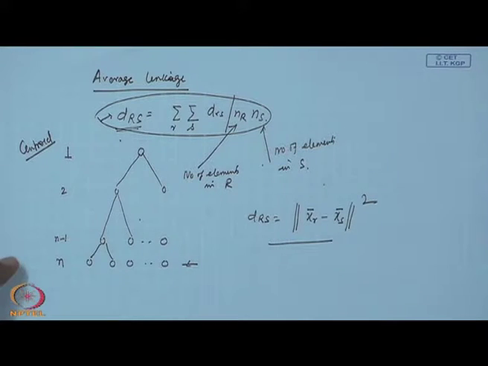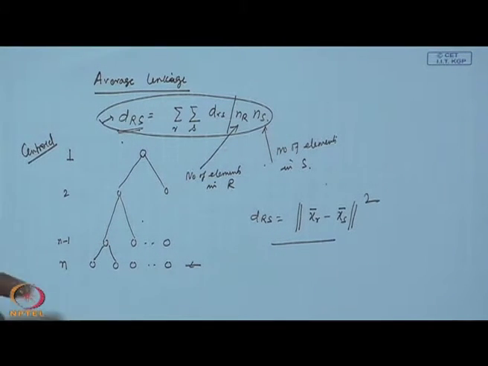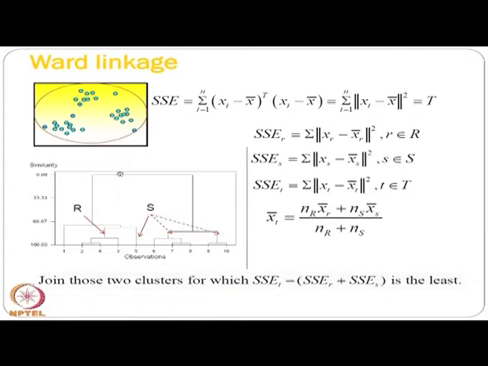S square. Okay. Let us see Ward linkage. Ward linkage takes into consideration, as I told you in an earlier class, the covariance structure. If you see this formulation, what we are saying here is this is the SSE, sum of squared errors.